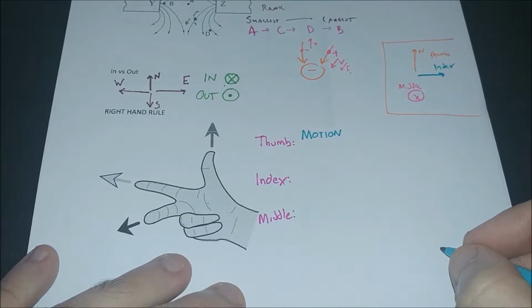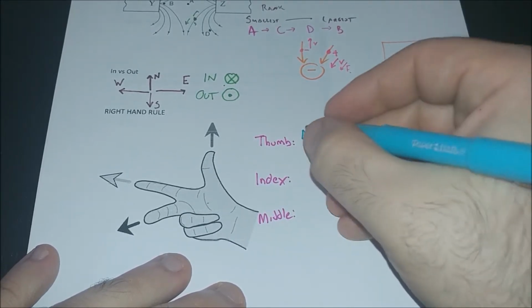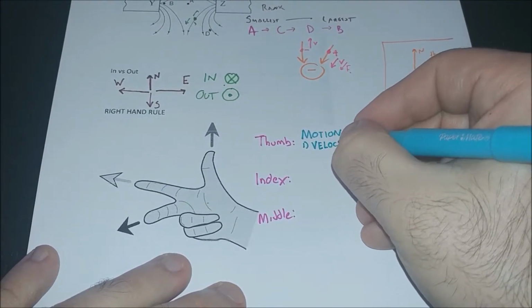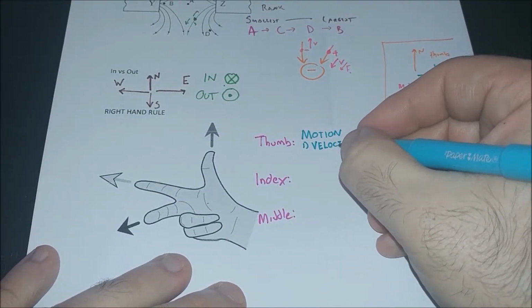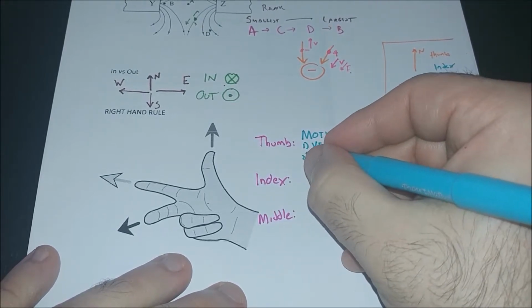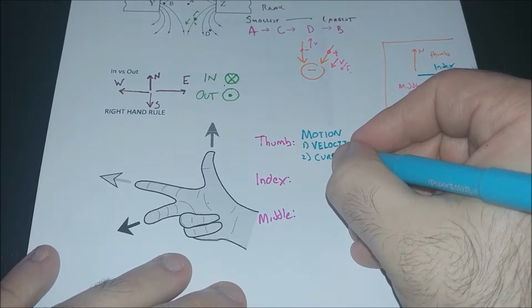And when it comes to magnets, there's 2 types of motion that are required. It could either be velocity or it could be current.